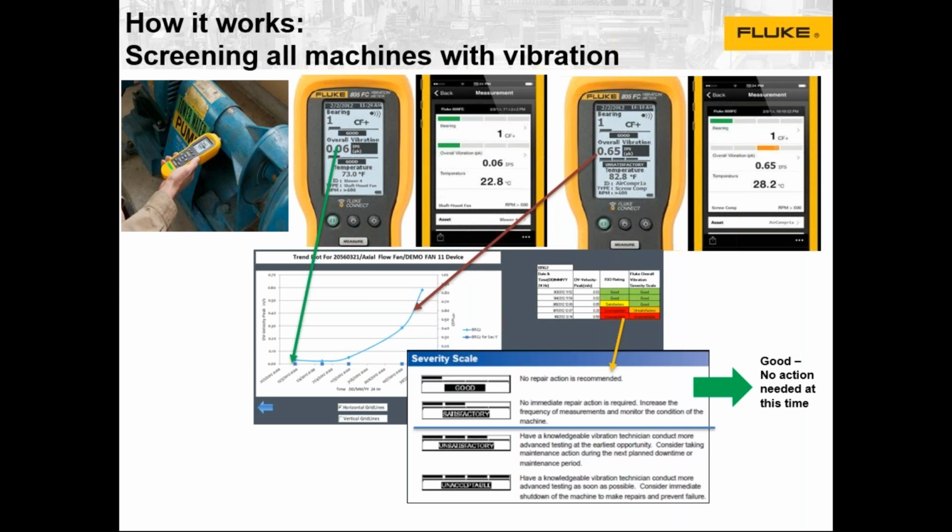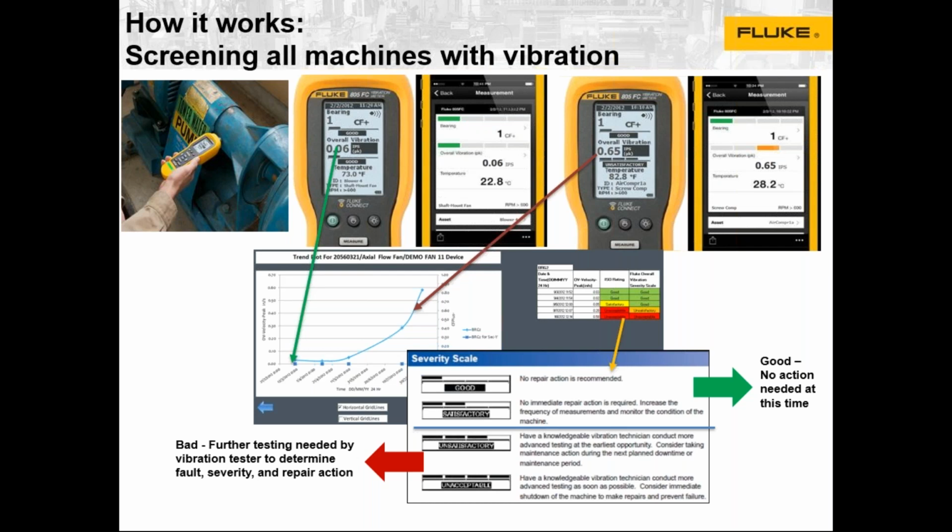So vibration screening tools are going to tell us whether a machine is good or satisfactory, which means no action is needed, or if it's unsatisfactory or unacceptable. If it's unsatisfactory or unacceptable, the machine has a problem and now further testing is needed.